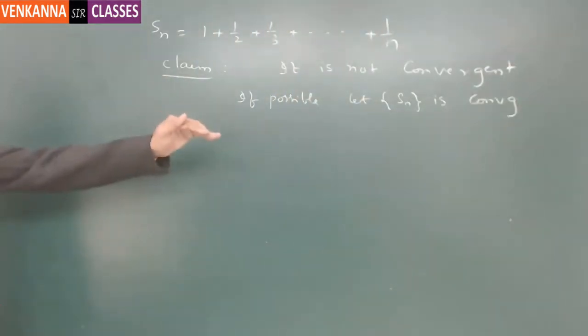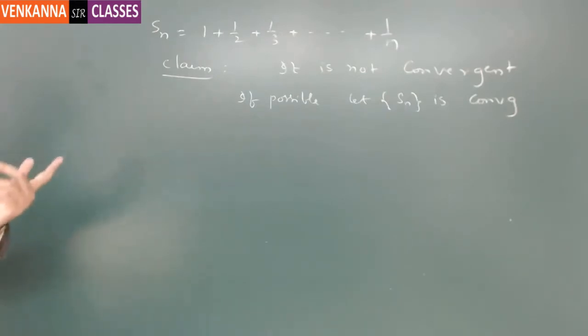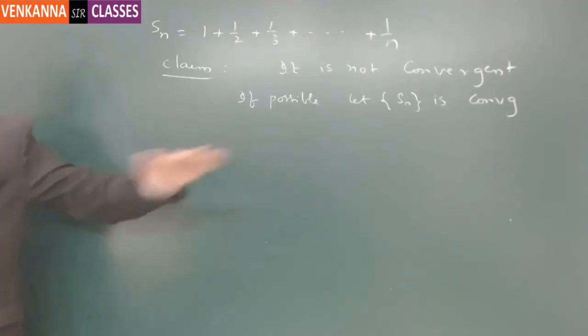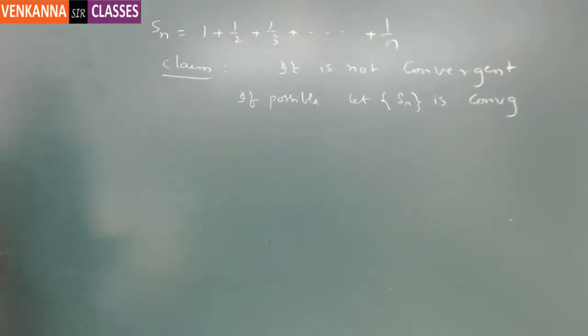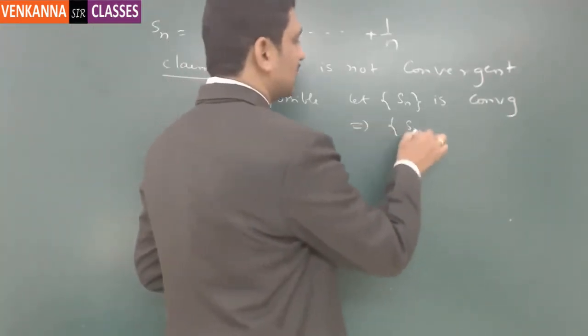So I am proving it in the opposite manner, the contradictory way. So what happens? I start the procedure. At a moment, I will get a contradiction. Since we know that every convergent sequence is a Cauchy sequence, this implies that Sn is a Cauchy sequence.